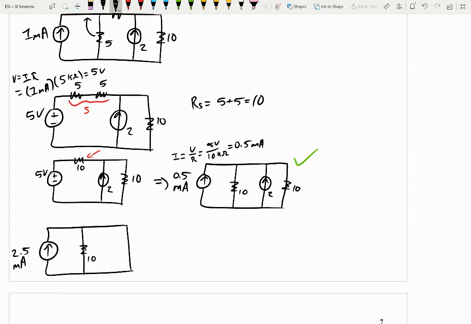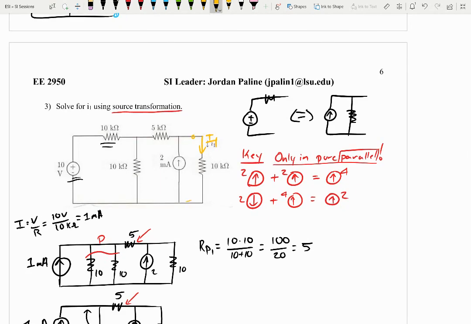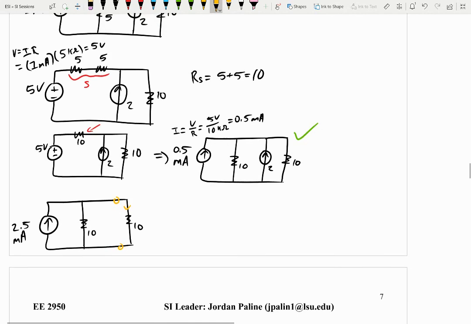This is 10, and this is 10. And notice I didn't change this at all from the very beginning. So this bit is still that bit. So that hasn't been altered. So this current is still that I1 value.